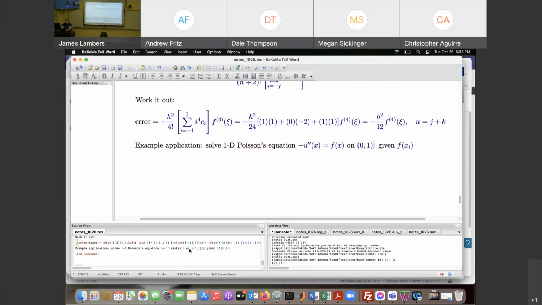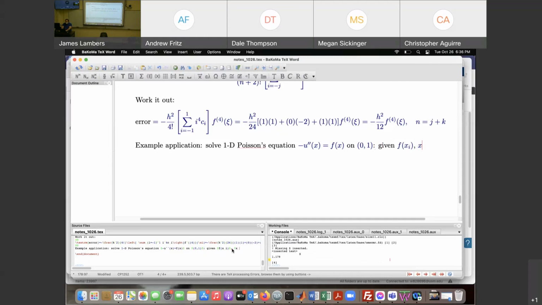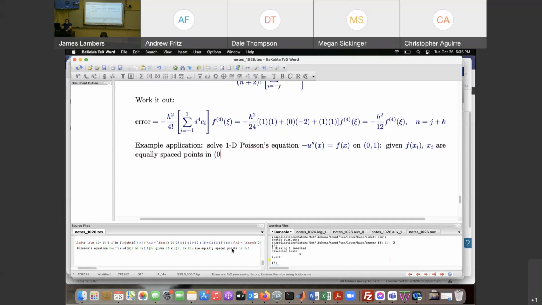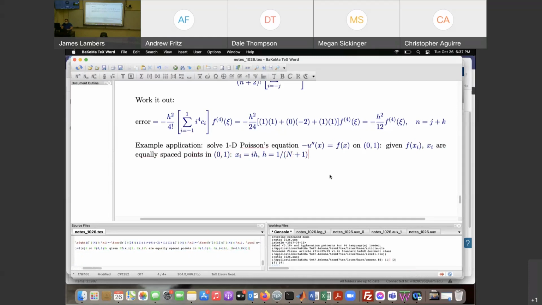I've actually been doing this in one of my other classes, Math 7.1. So given f of x_i, where the x_i are equally spaced points in [0, 1], x_i is equal to i times h. h is the spacing, and capital N is the total number of grid points you have.